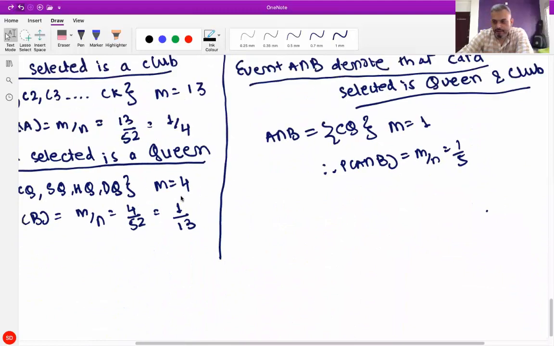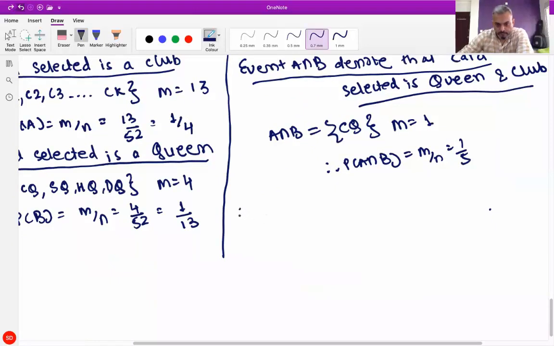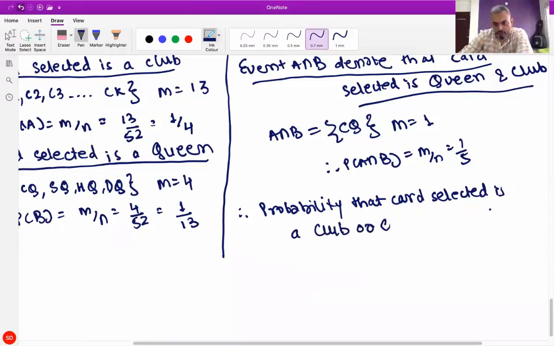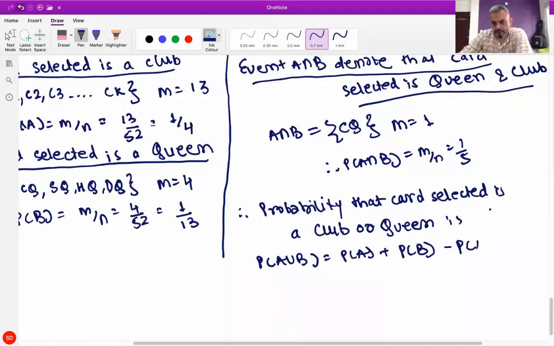So we say therefore probability that card selected is a club or queen is probability of A union B, which is equal to P of A plus P of B minus P of A intersection B, which is equal to P of A.